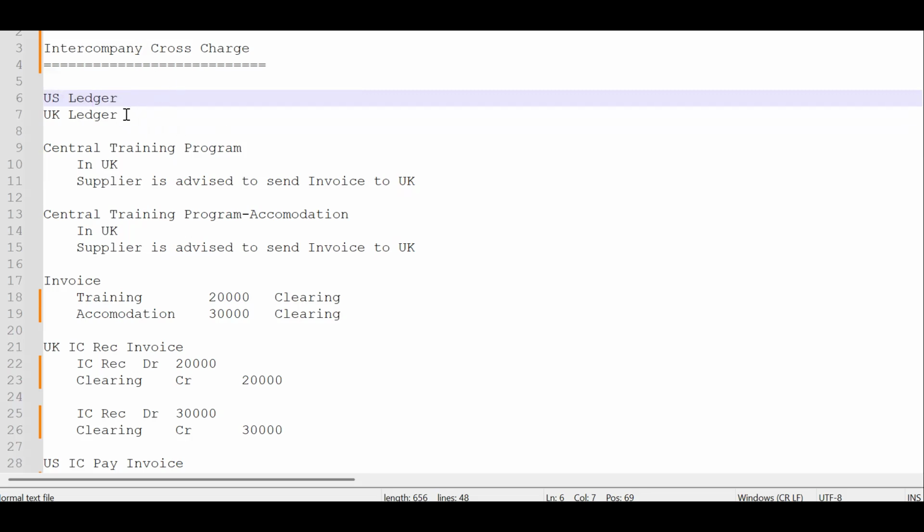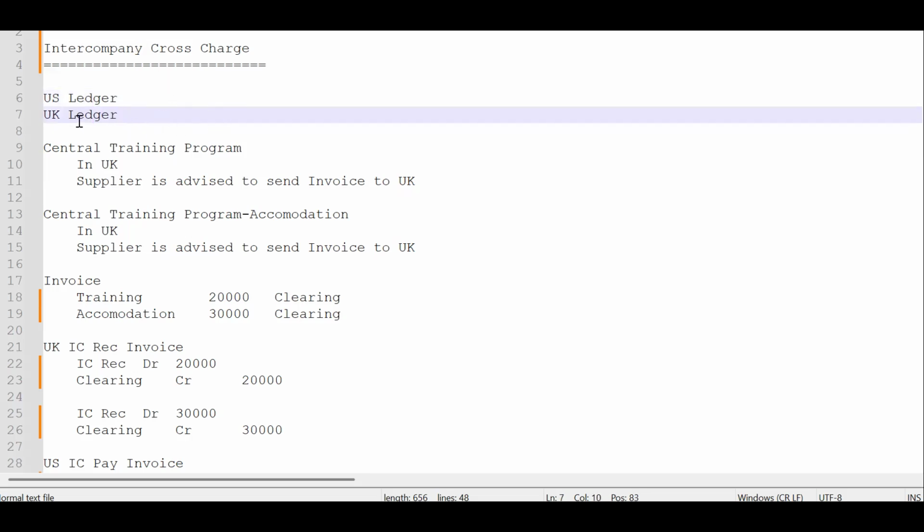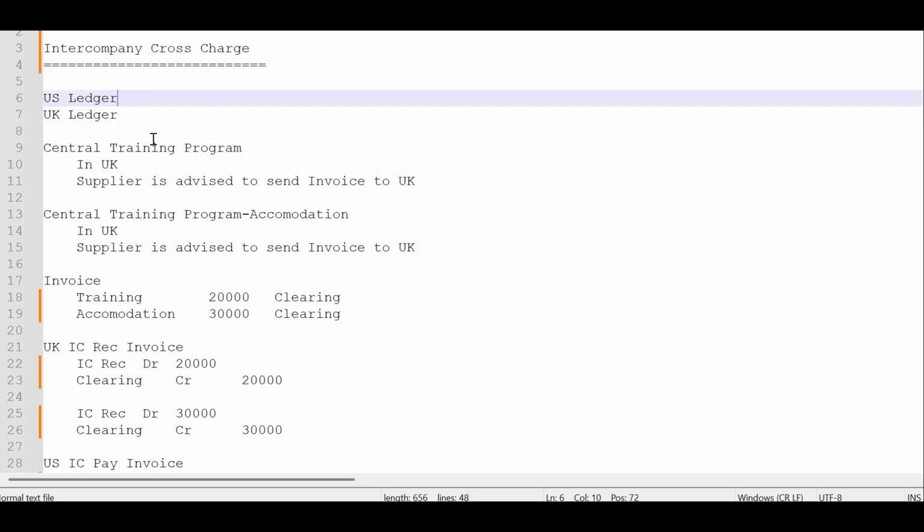In these kinds of cases, we can see that payment is done by the UK ledger, by the BU attached with the UK ledger, but they are doing the payment for the services which were provided to US. Actually, the expense is from the US ledger. So it's an intercompany.